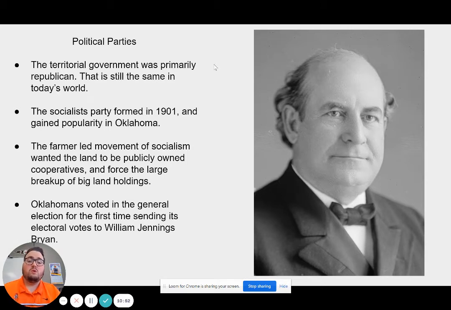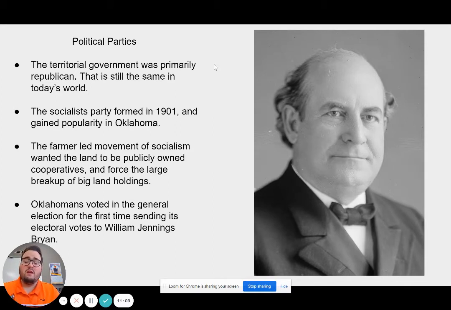So this was going to cause a problem in voting for president. That's why President Roosevelt does the Enabling Act in 1906 and eventually draws that to a close. And so Oklahoma becomes a predominantly Republican state in 1906.